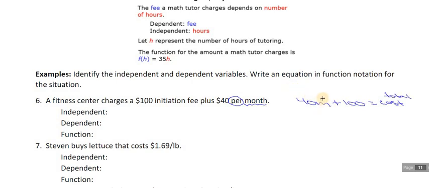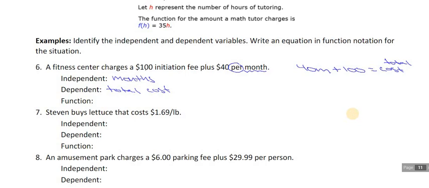Now in this particular case, the variable tied to the 40 is going to be our independent variable. The number of months that we are a member, okay, will then determine the total amount of money that is paid. Okay, so our independent variable is going to be months, whereas my dependent variable is going to be the total cost. So because I'm going to use my variable m to represent months, I'm going to use the function c of m.